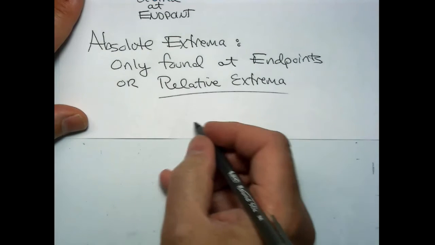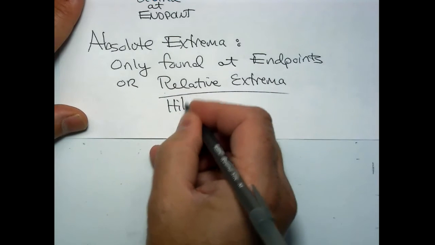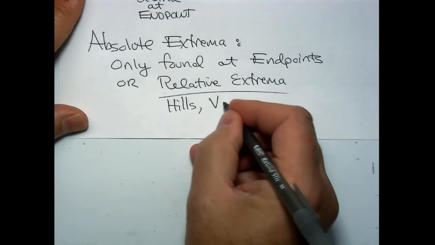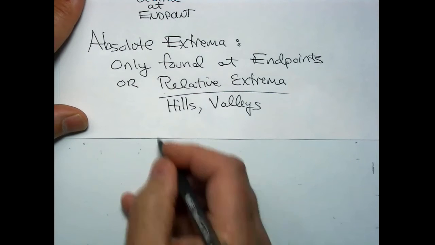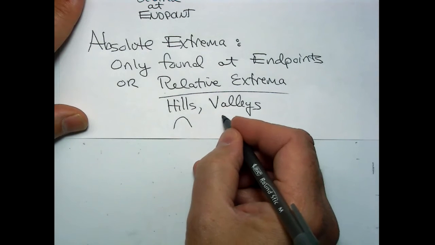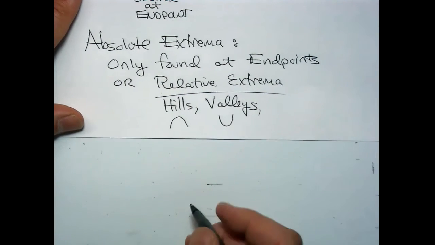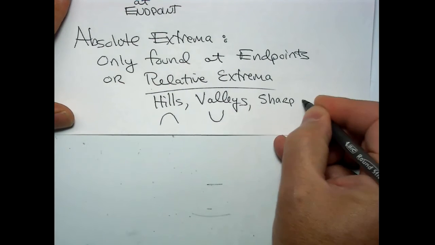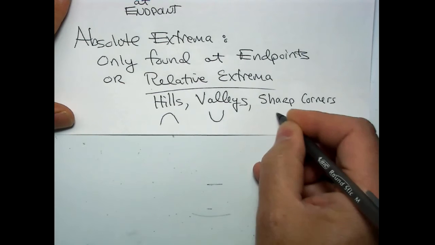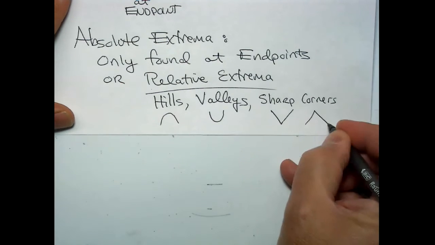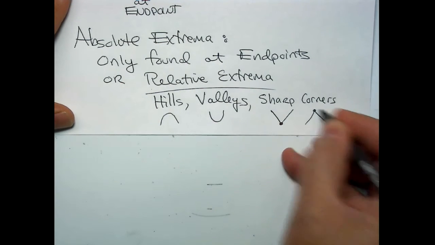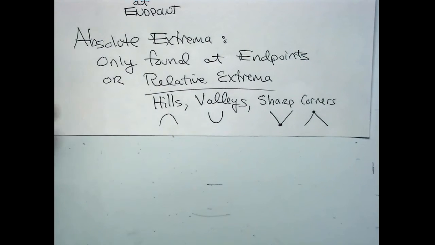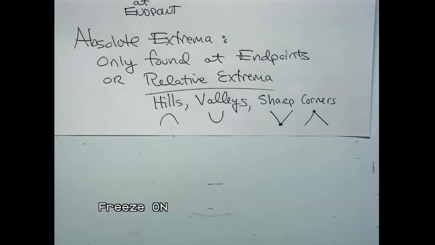And the relative extrema are either going to be hills or valleys. Here's your hill. Here's your valley. And I'm afraid it's going to happen at sharp corners too sometimes. So we've got to talk about that. See, a sharp corner has that capacity to provide you with a maximum. That's where you're going to find these things.